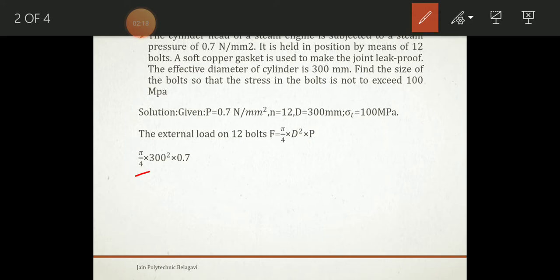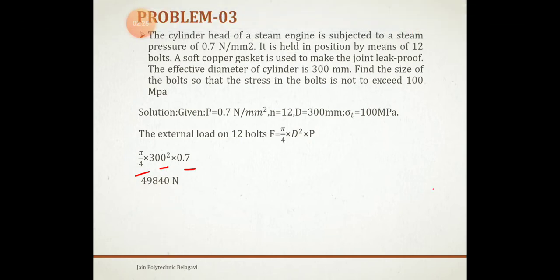Pi by 4, of course, is a constant. D is 300 and P is 0.7. We will get 49840 Newton. Fine. Now this is the force which will be acting on the 12 bolts.